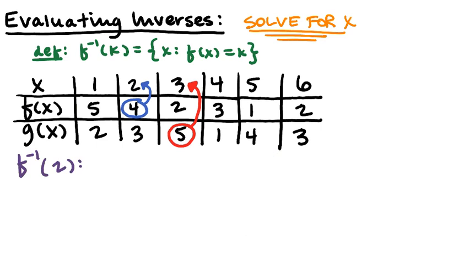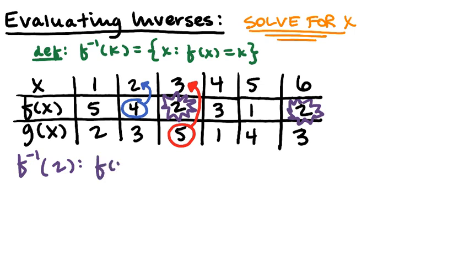The last example I've got for you on this particular table is f inverse of 2. Now, this is probably not something that you're going to see again in this course. We're not going to be dealing with inverses that pull back more than one thing. But notice how we've got 2 twice over here. The definition of f inverse of a number is the set of all x's for which f of x equals 2.